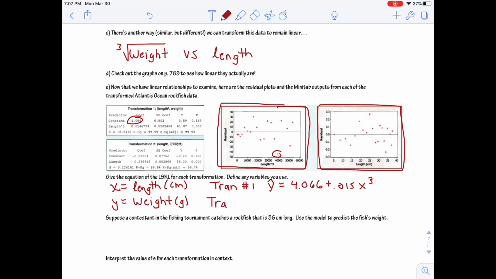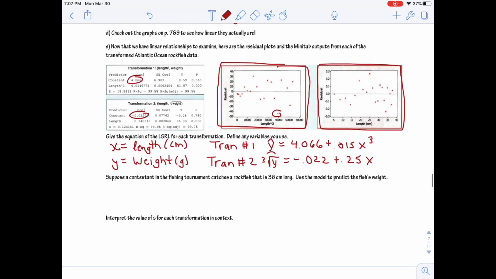And then for transformation 2, we're not predicting y, we're predicting the cube root of y, which would be equal to negative 0.022 plus 0.25 x. Okay, now if you do any calculations for the AP test using an output like this, make sure you do use those full numbers, but you are fine to write them in the way I just did there.